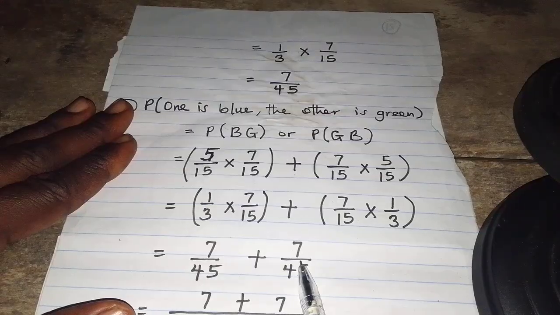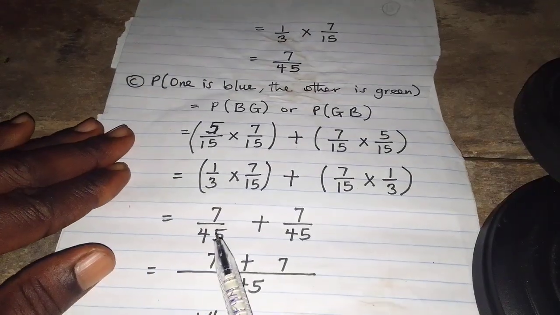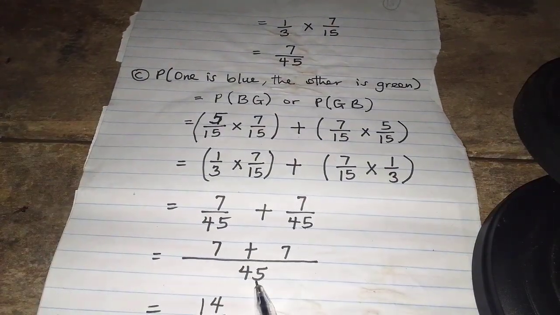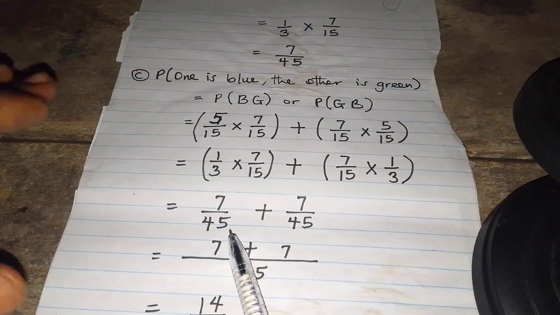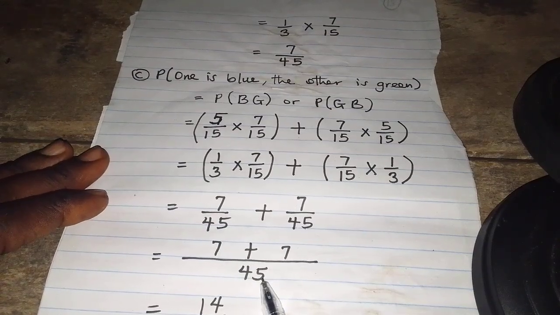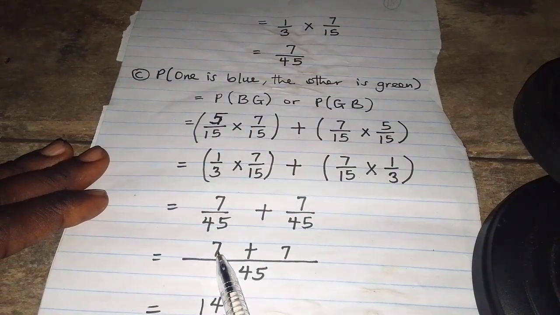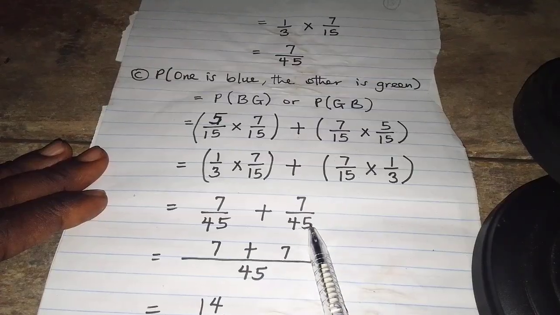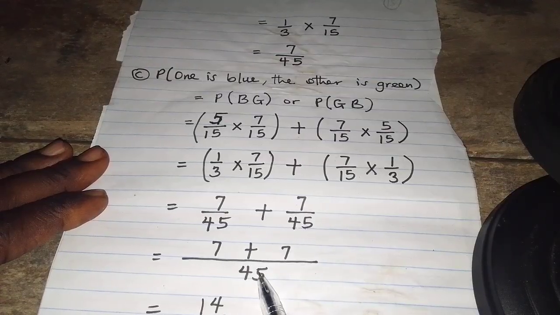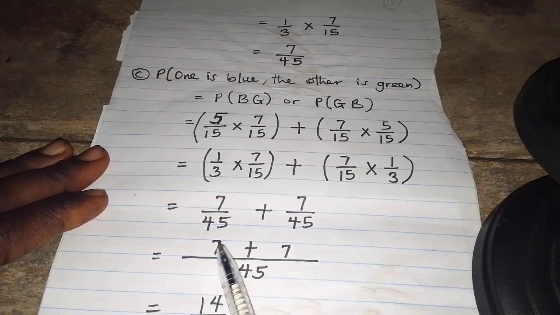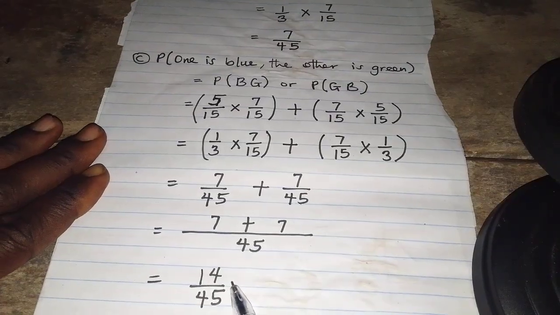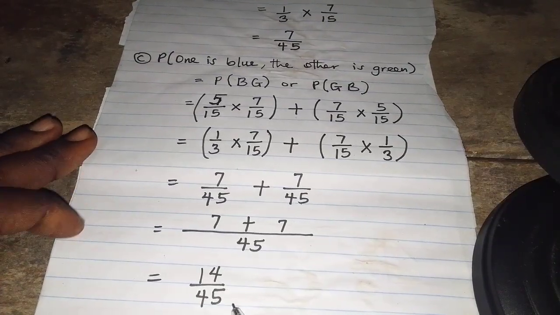So from here you look for the LCM. The LCM of 45 is 45. How many 45 are in 45? We have 1. 1 times 7 is 7, plus how many 45 are in 45? We have 1. 1 times 7 is 7. 7 plus 7 gives us 14/45.